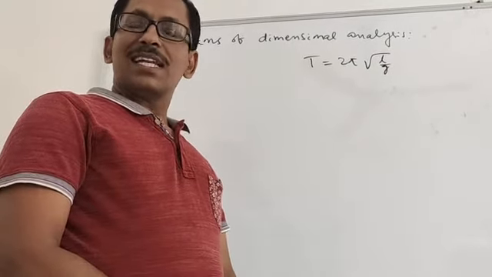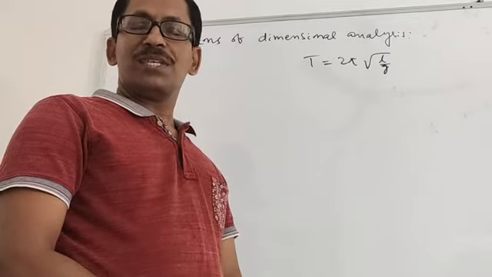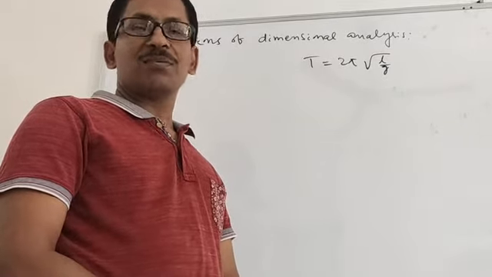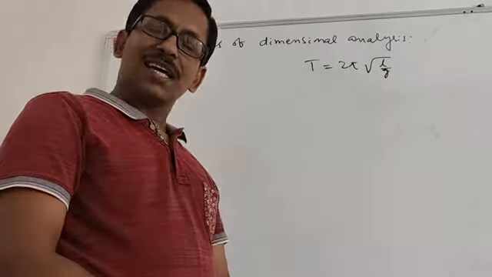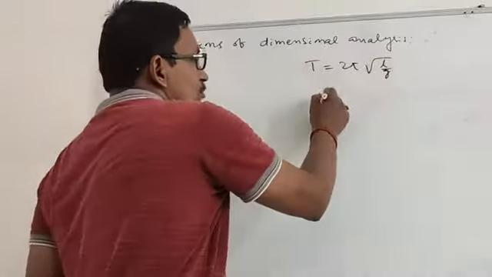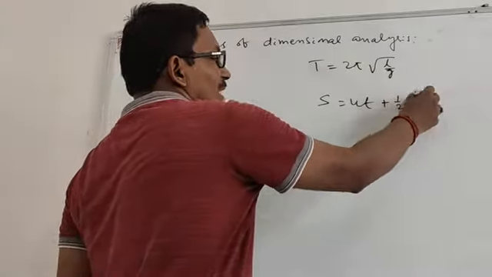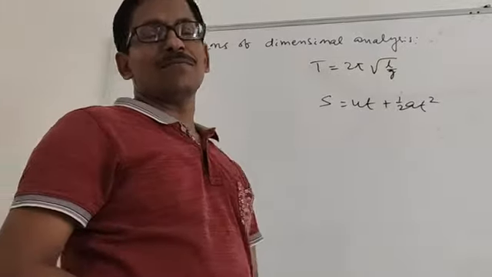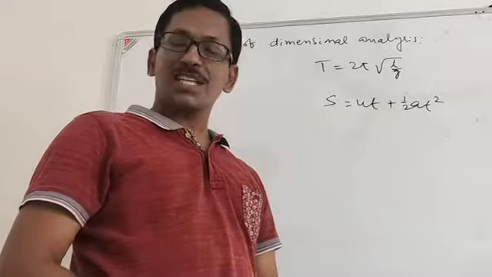So it is one of the limitations of the dimensional analysis. And dimensional analysis fails when a physical quantity consists of a number of terms. If a number of terms are there, then we cannot derive the formula. Suppose s equal to ut plus half at square. That we cannot derive using the dimensional analysis because it is a combination of 2 terms.